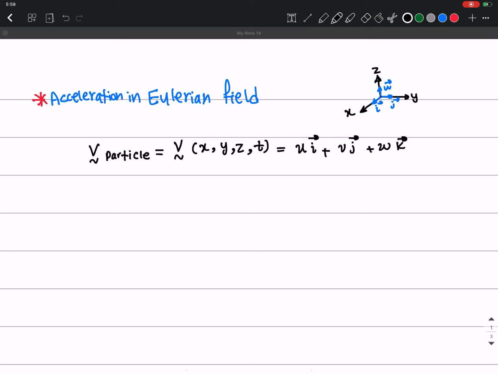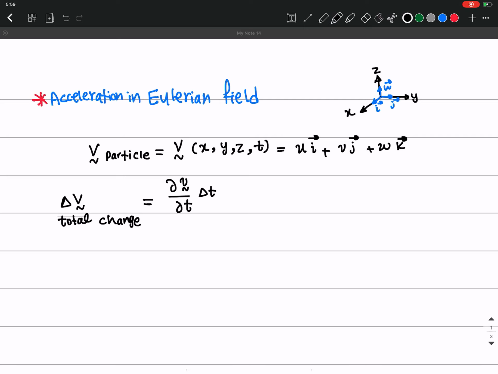And now if I want to see the total change of the velocity vector, I can write it as a function of the change with respect to each of these variables. First is partial v over partial t times delta t, which is how much it changes with time.